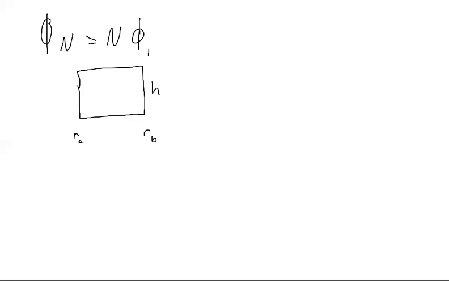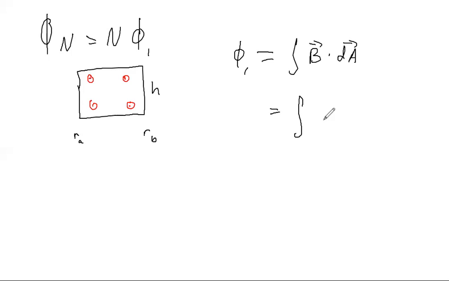I have magnetic field lines which come into your eye here. To find the magnetic flux through one turn, that's going to be the integral of the magnetic field dotted with dA. Because they point in the same direction, the dot product doesn't do anything.